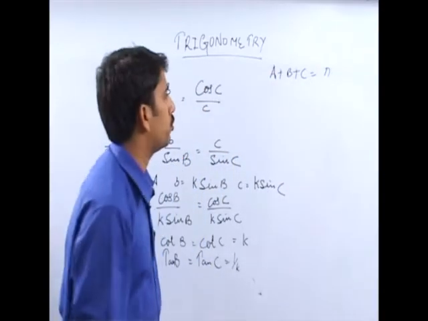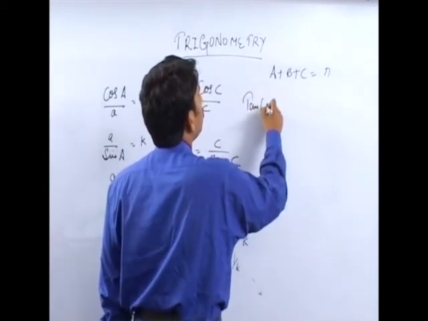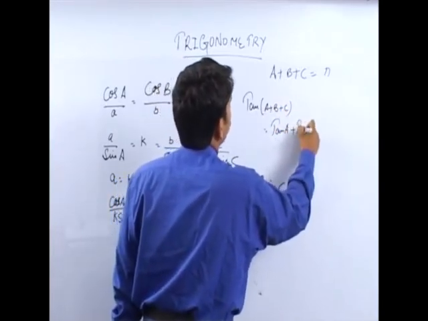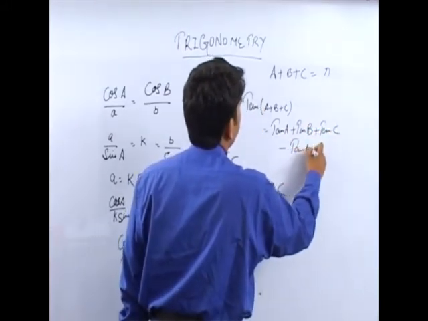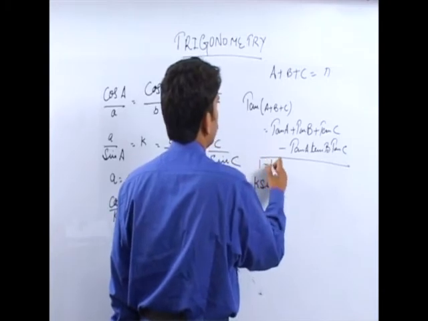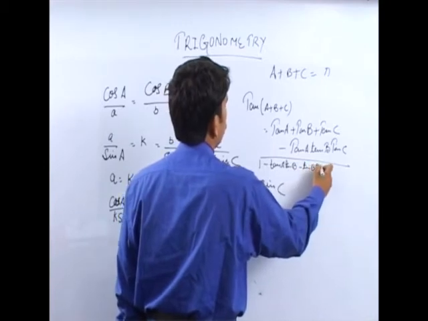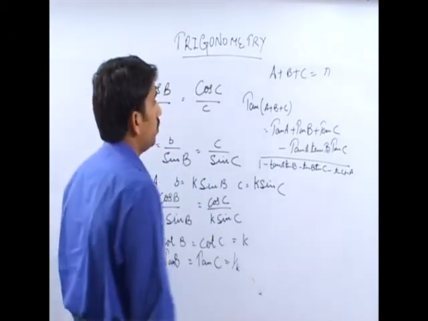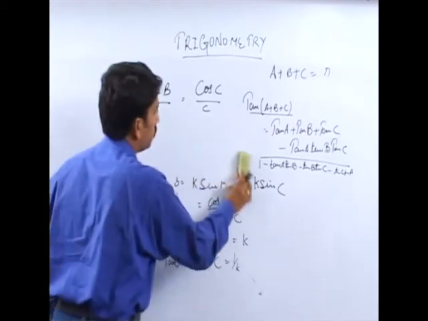Now, taking tan on both sides, tan of A plus B plus C is equal to tan A plus tan B plus tan C minus tan A tan B tan C, whole over 1 minus tan A tan B minus tan B tan C minus tan C tan A. Now this is tan of A plus B plus C, that means tan of pi. We know that tan of pi is equal to 0.